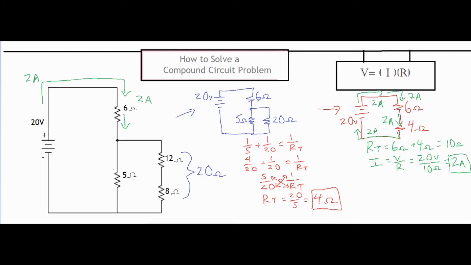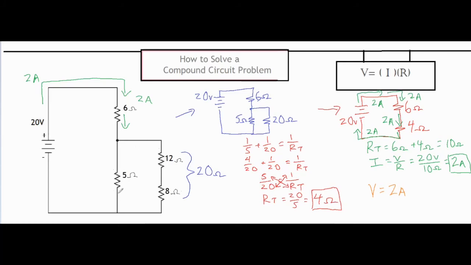So far I know that the current that flows through each of the branches is going to be less than 2, but sum up to 2, but I don't know the exact value just yet. So what I'm going to do is use this diagram over here, and I know that the voltage drop is equal to I times R. And I know that 2 amps of current is going to flow through this whole entire section over here.